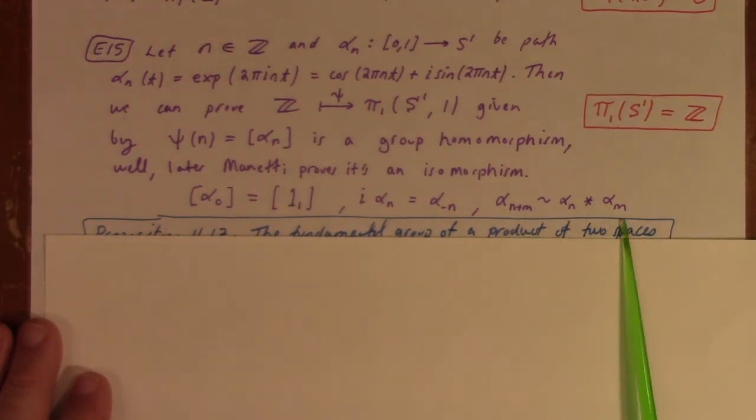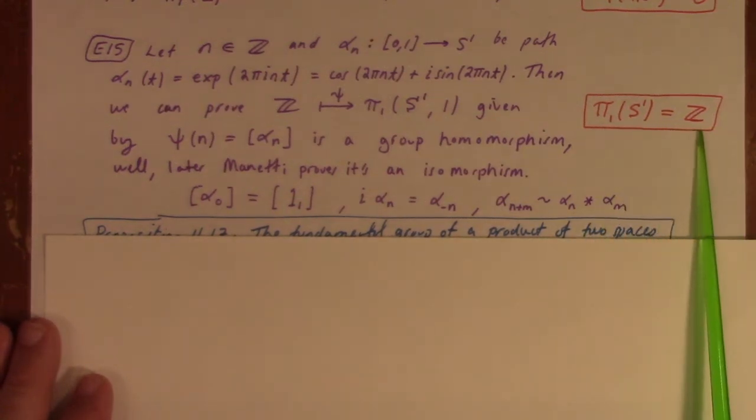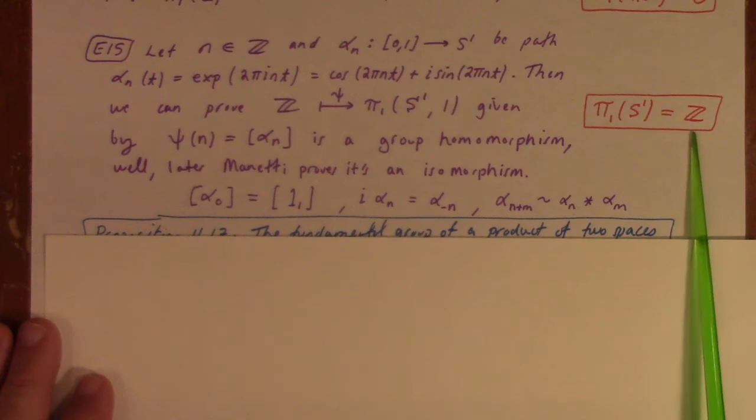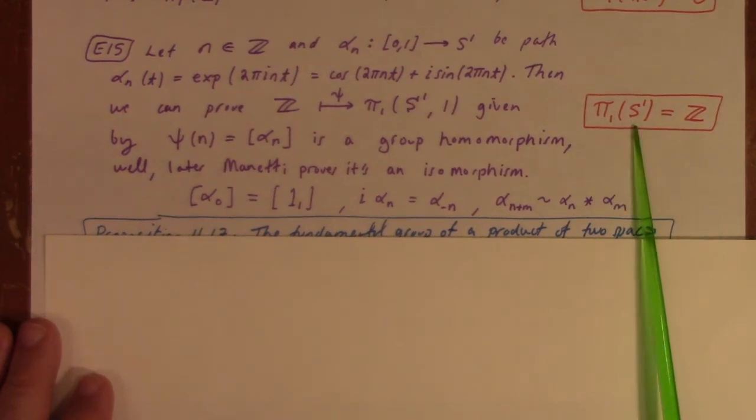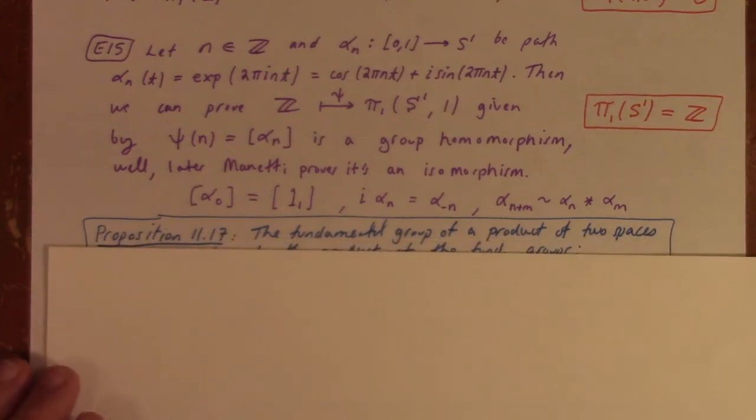So if you understand winding number, this is totally unsurprising, but there it is. The fundamental group of the circle is not trivial, corresponding to the fact that the circle is not simply connected. If you wind around the circle, you can't deform it to a point without getting off the circle.